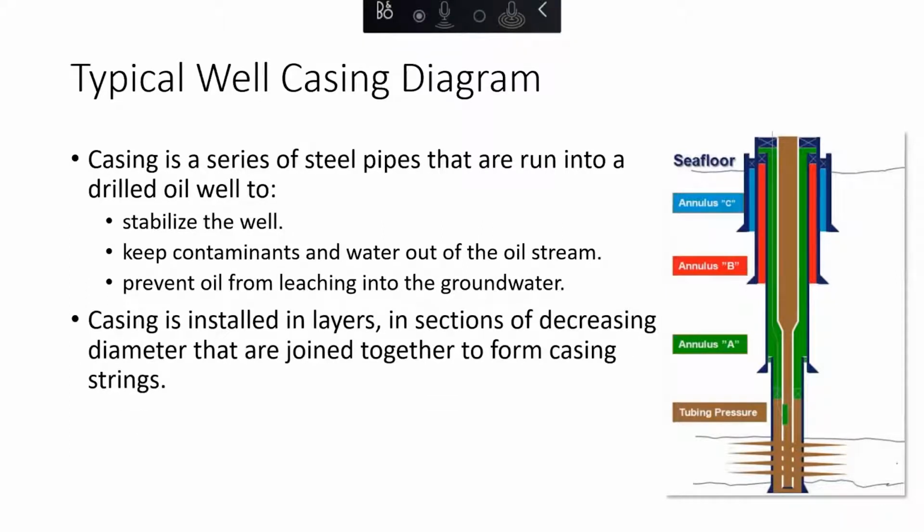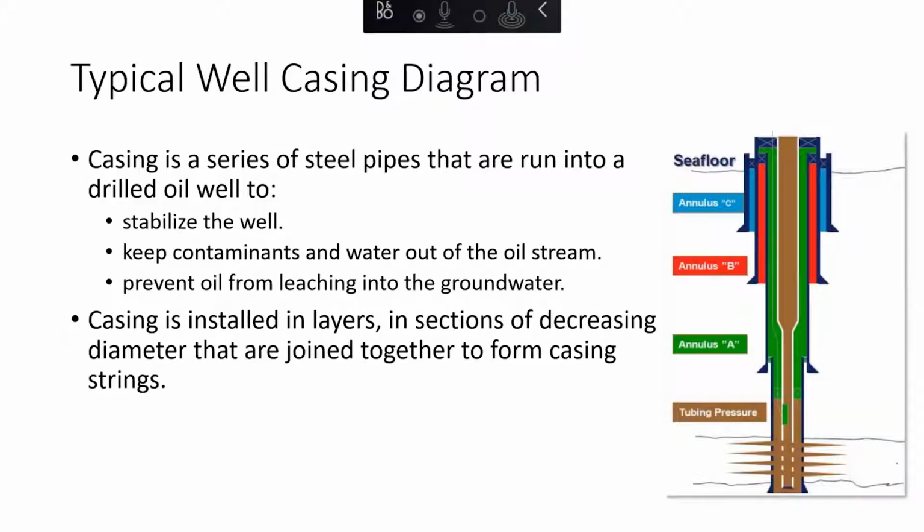Casing is installed in layers, in sections of decreasing diameters that are joined together to form casing strings. For example, you drill a 24-inch hole section, and then you install a 20-inch casing, and then you run in the hole with 17.5, and once you reach target depth, you install the 13 3/8 casing.